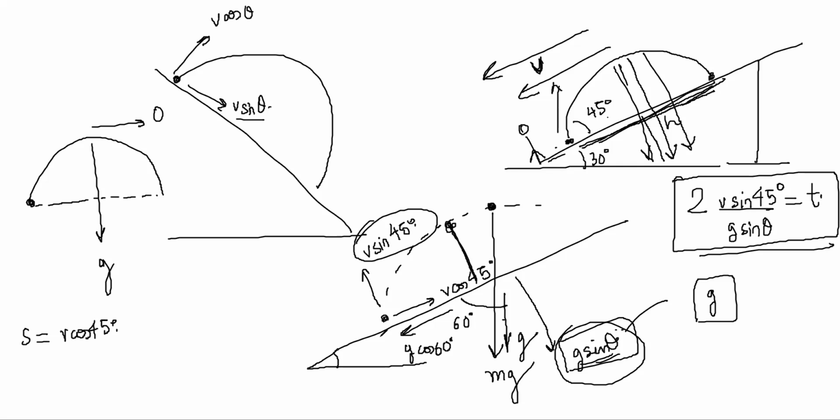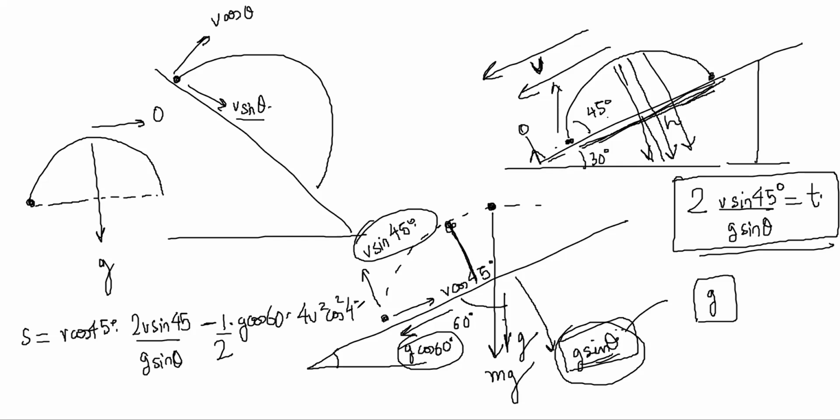Time of flight is this thing, 2V sine 45 by g sine theta, but this time acceleration is backward, it is g cos 60, minus half into g cos 60 into this time of flight square. So 4V square cos square 45 by g square sine square theta. That is the distance covered.